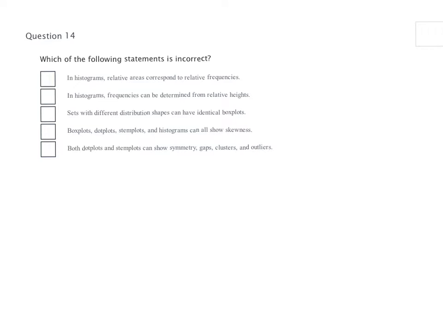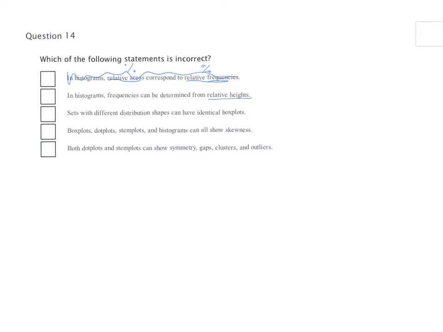Which of the following statements is incorrect? In histograms, relative areas correspond to relative frequencies. That's true because relative areas and relative frequencies deal with percents. So that's a true statement, so I know it's not this one. In histograms, frequencies can be determined from relative heights.